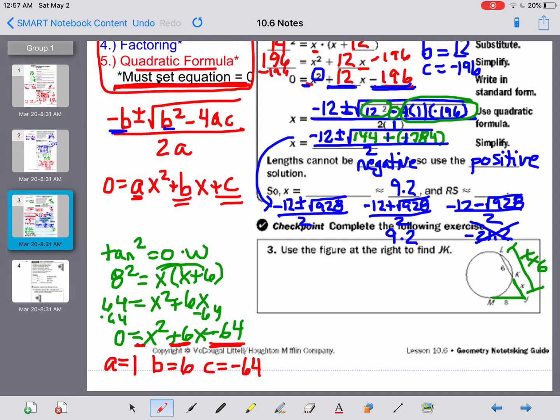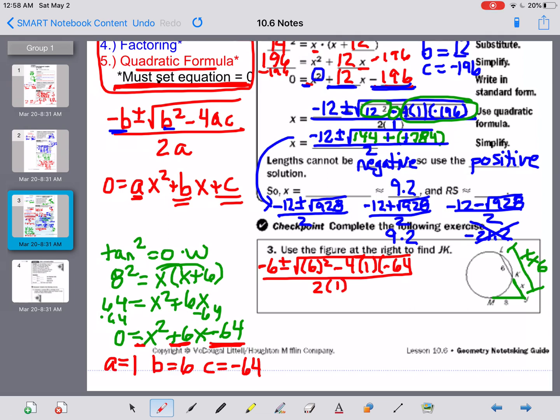So that's what I'm going to use in my quadratic formula. All right, here we go. Opposite the B. So I start with negative 6 plus or minus the square root. I do another B, so I do 6 squared minus 4, always minus 4, times my A, which is 1, times my C, which is negative 64, all over 2 times my A, which is 1. Outside, that negative 6 isn't going anywhere, plus or minus isn't going anywhere.